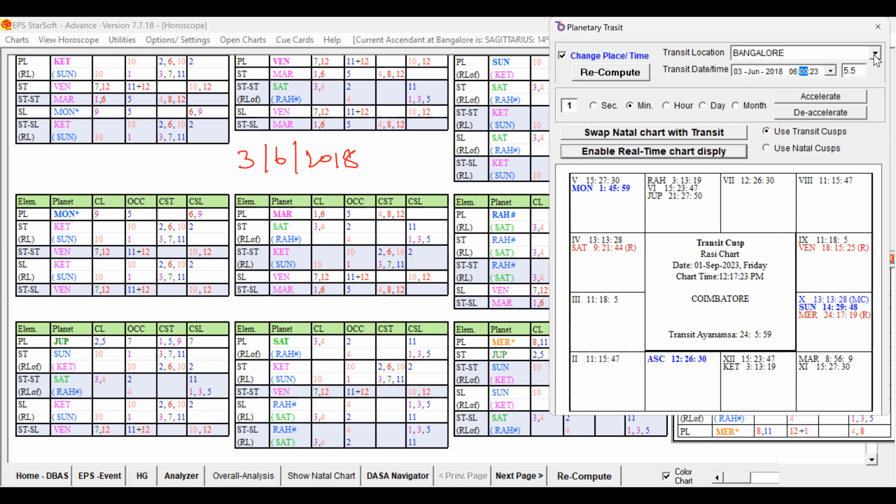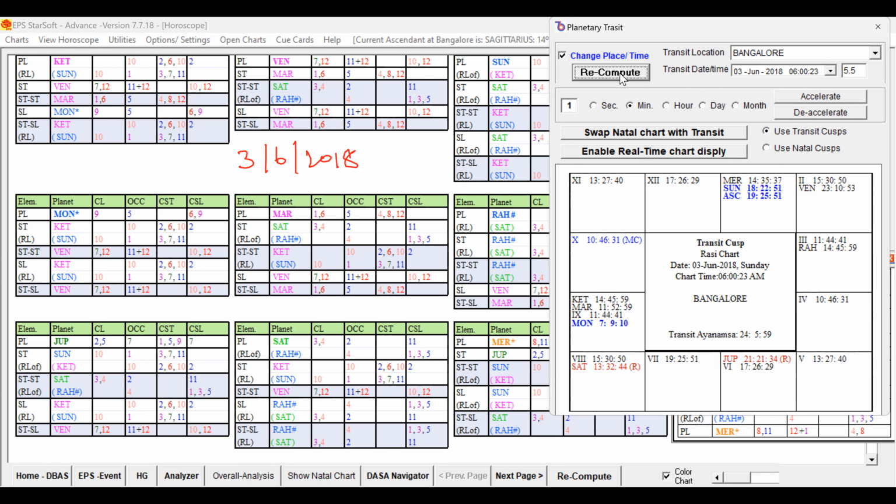You can choose the date when the event happened. Also, not an issue. The transit of the planets will not be affected because of the location and the time. Only the cuspal position will vary. Moon position will be a little different. So now I'm computing. I'm keeping the use natal cusps option because the natal chart cusps will be open here.